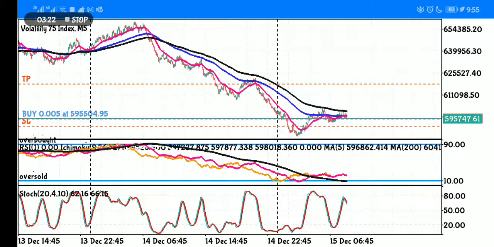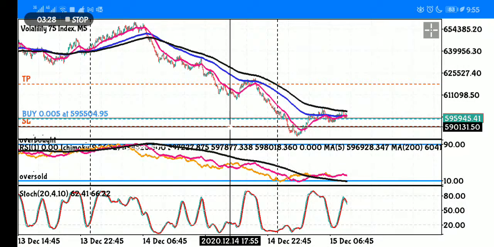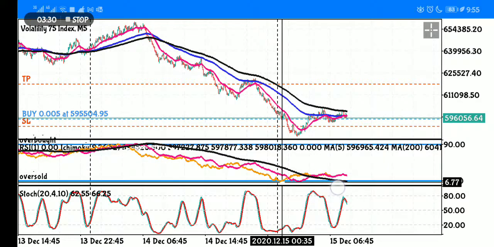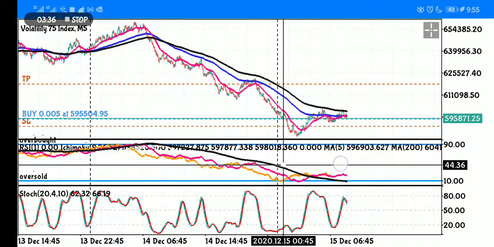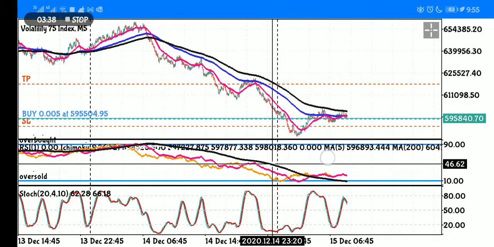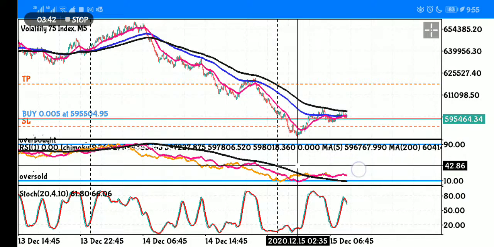Once you see the cross, this yellow line here is the Ichimoku, while this red one here is the 5 moving average, while this black here is the 200 moving average.